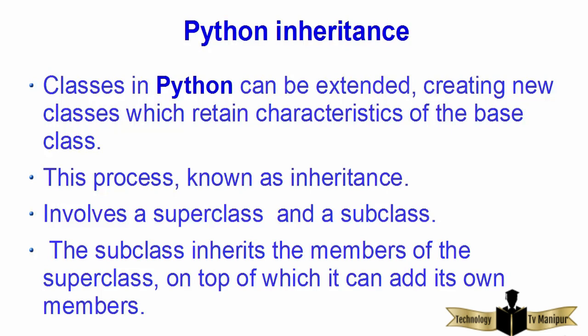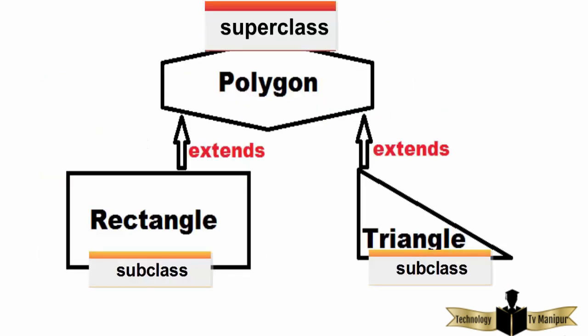If this inheritance sounds a little confusing to you, let me give you an example. I said there are two types of classes: one is a superclass and the other is a subclass. In this example I have taken polygon as a superclass, and the two classes, rectangle and triangle, as subclasses.